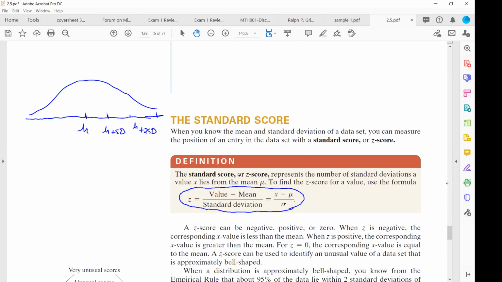And this is mean plus 3 standard deviations. On the left-hand side, mean minus 1 standard deviation, mean minus 2 standard deviations, and finally mean minus 3 standard deviations. This is your mean in the middle of the data. Suppose your x is here. This is just a random number in your collection.